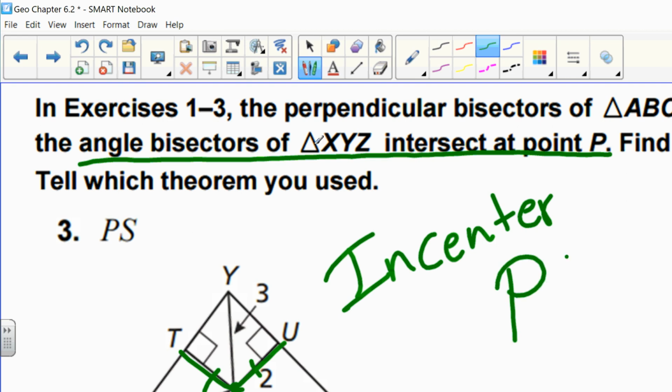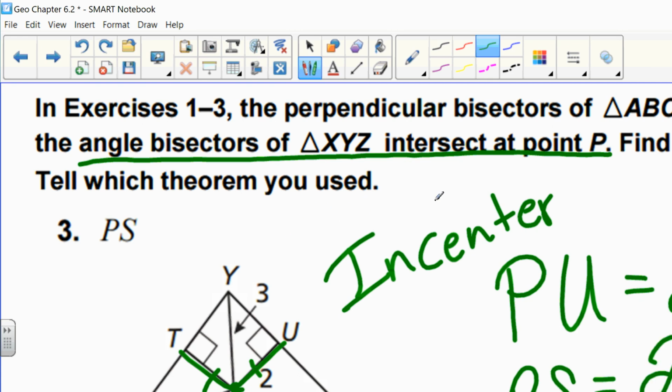Well, what is the length of PU? So what's the length of PS? And the length of TP is 2. Because they're all going to be congruent to each other since it is an incenter.